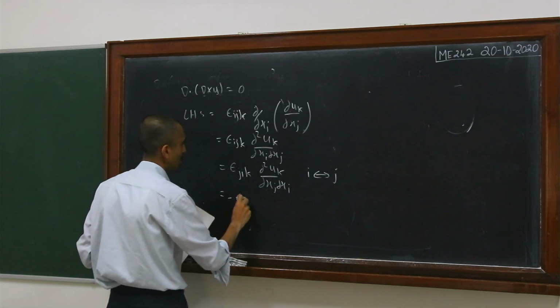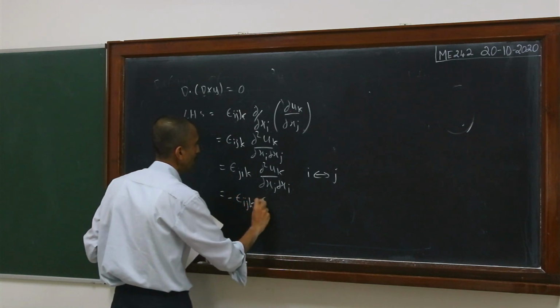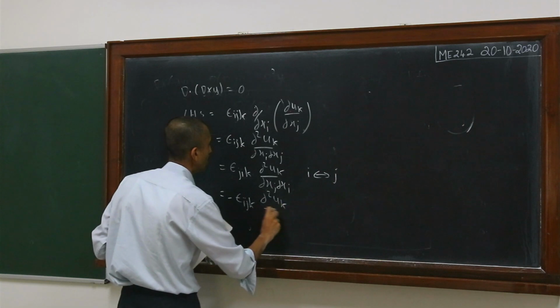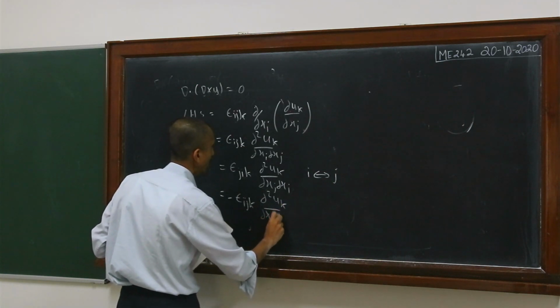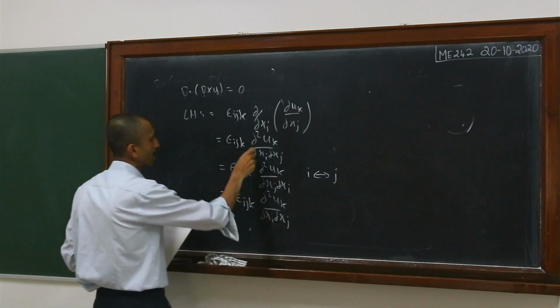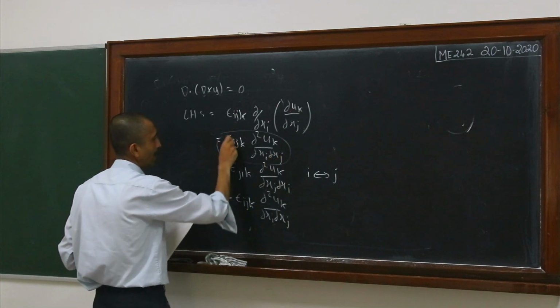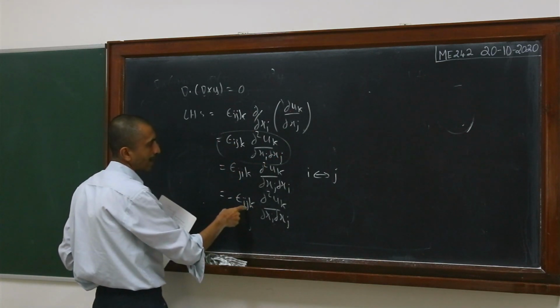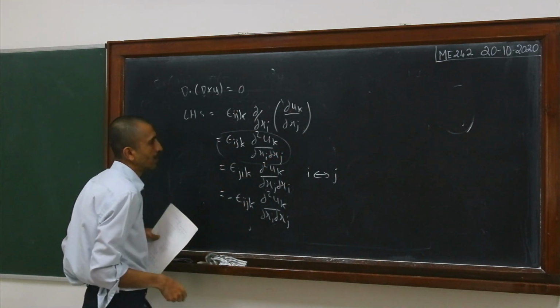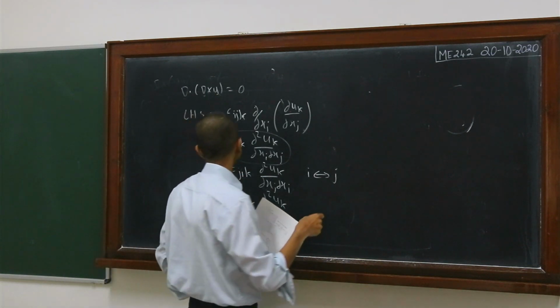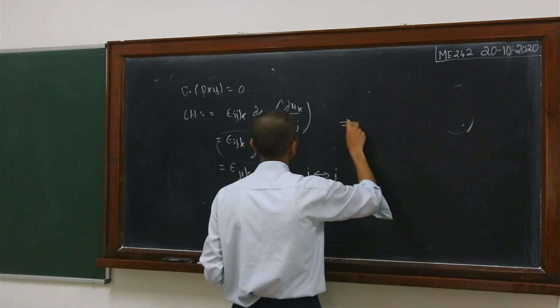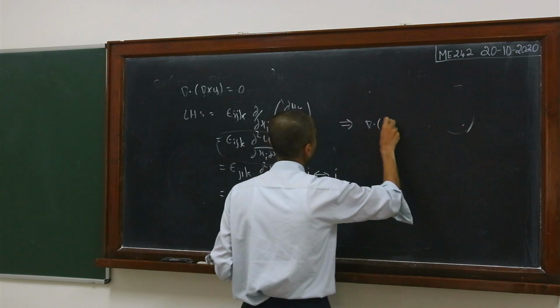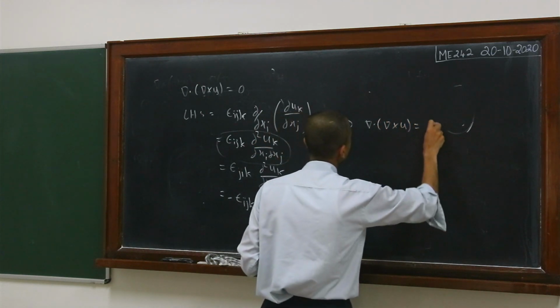So this is minus epsilon ijk del square uk by del xi del xj. So you started out with this particular object, and now you have shown that it is minus of that same object, and hence that is equal to 0. So this implies that del dot del cross u is equal to 0.